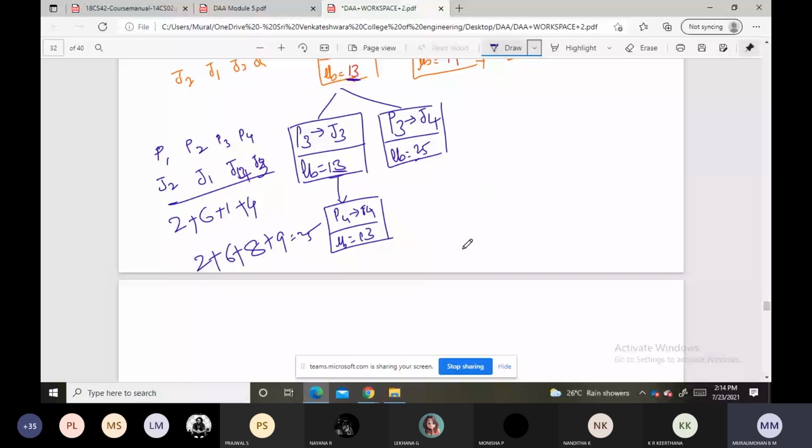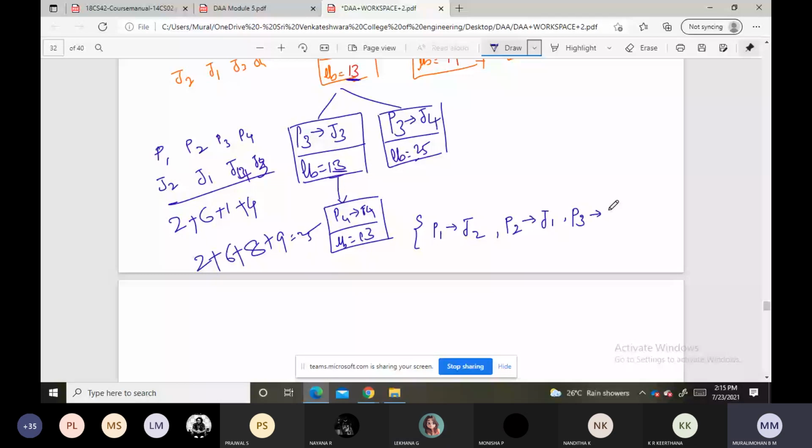So finally you can write here: for person 1 you are assigning job 2, for person 2 you are assigning job 1, for person 3 you are assigning job 3, and for person 4 you are assigning job 4.